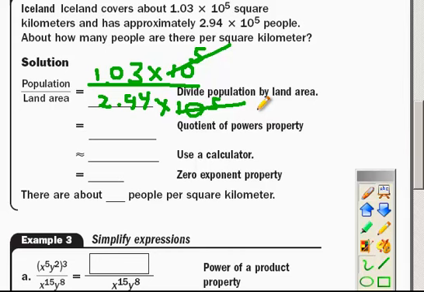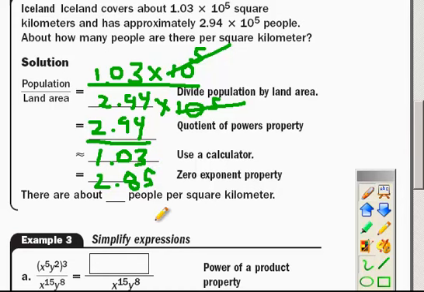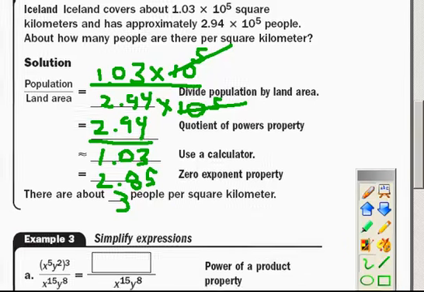Oh, sorry, that was the square kilometers. You end up with, let's flip these, 2.94 divided by 1.03. And you get 2.85 people per square kilometer, or just about 3 people per square kilometer. Doesn't seem like a lot of people, does it?